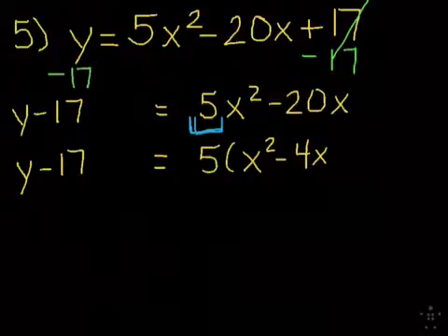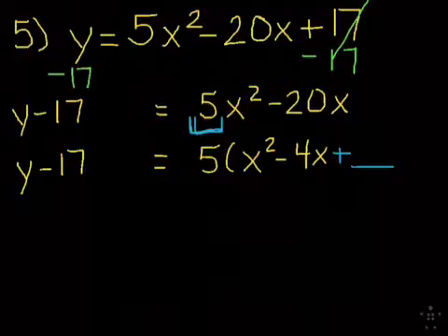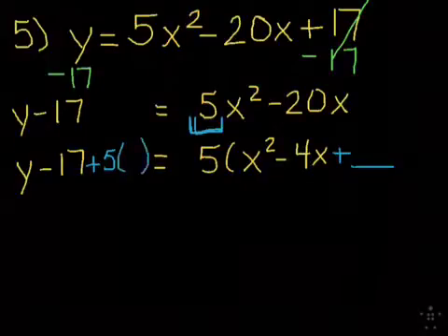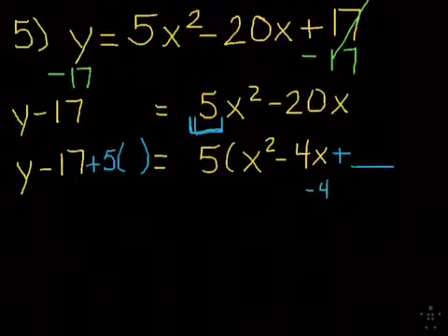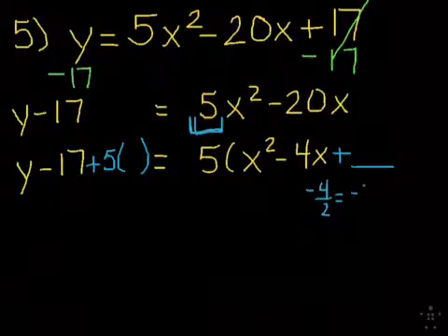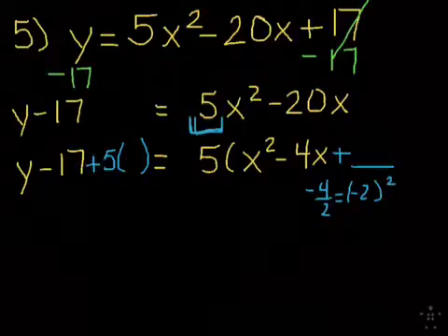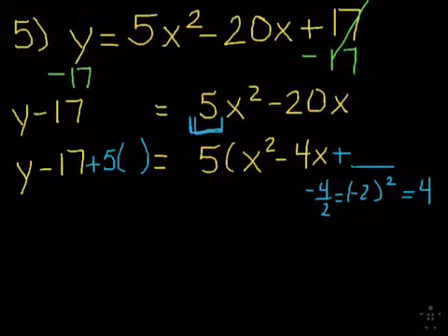And I'm going to add in my next part. So plus something. And remember, you had to take out a 5. So we're going to multiply 5 on this side. So remember, it's negative 4. So we do negative 4 divided by 2, which is negative 2. Negative 2 squared is 4.